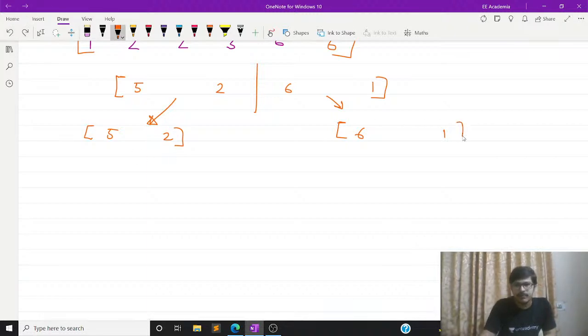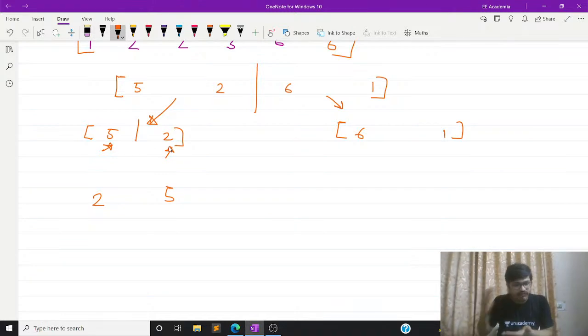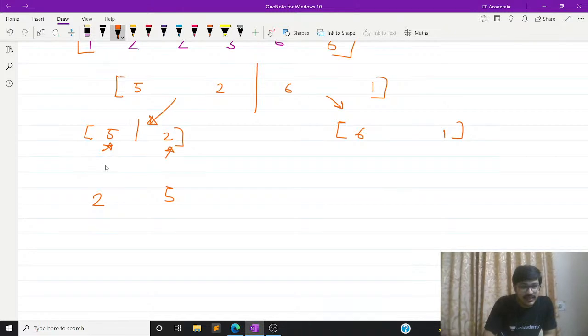I see there is 2 here, 5 here. So 2 goes first from this array, and then 5 will come. You see that on the right-hand side of 5 there is at least one element which is smaller than 5. So you increase the frequency of 5 by 1 and 2's frequency is 0.